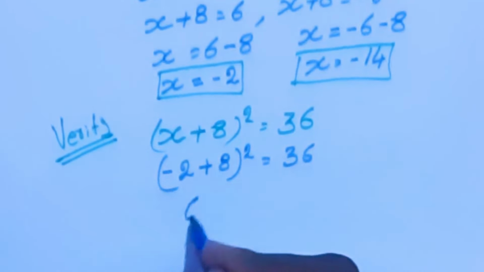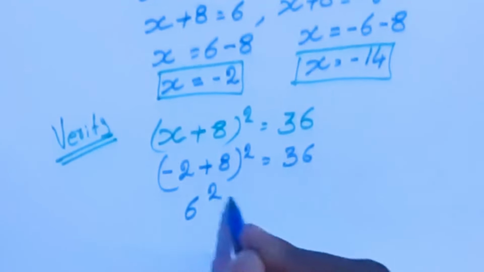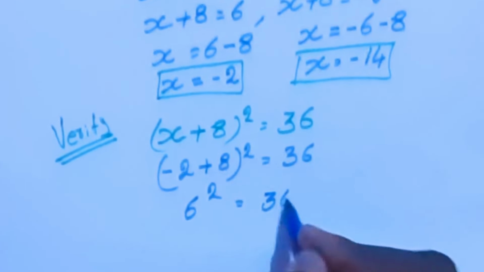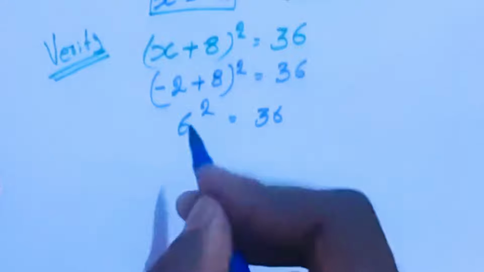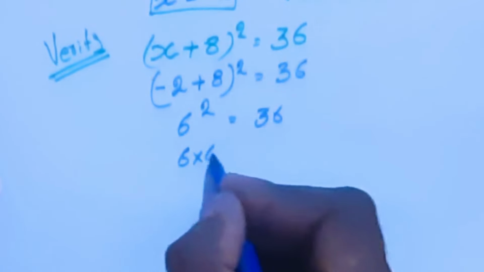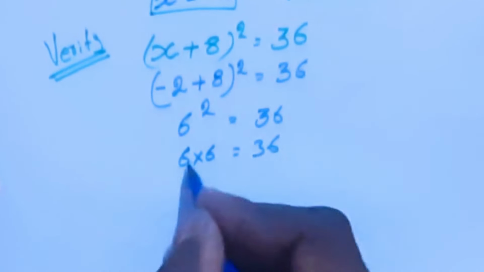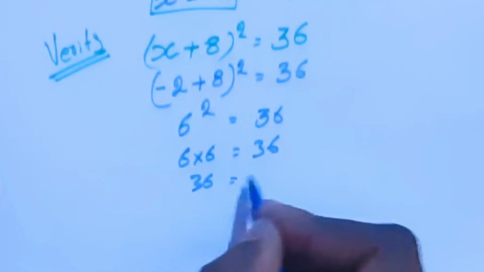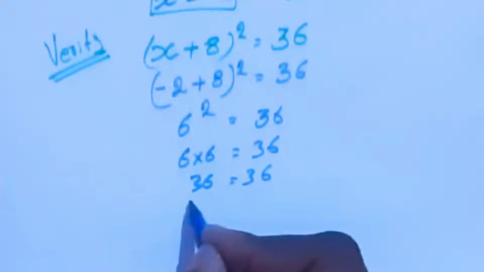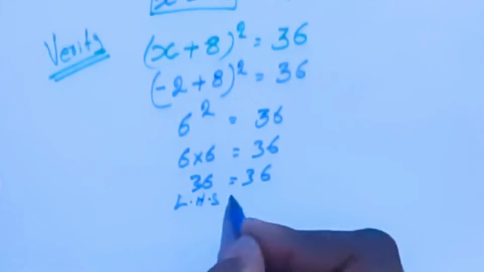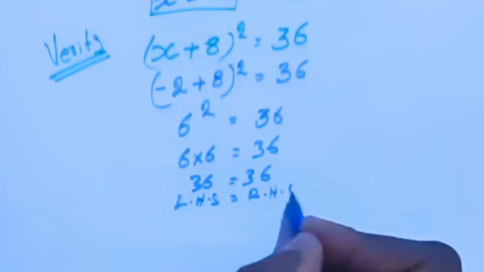Here 6 squared equals 36, so 6 times 6 equals 36. Here it is 36 equal to 36. So LHS equals RHS.